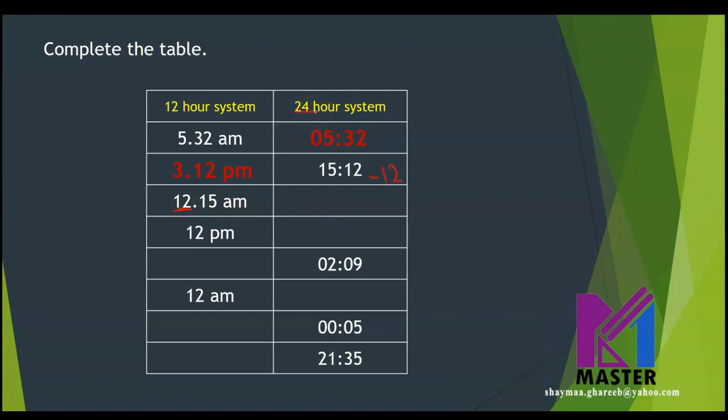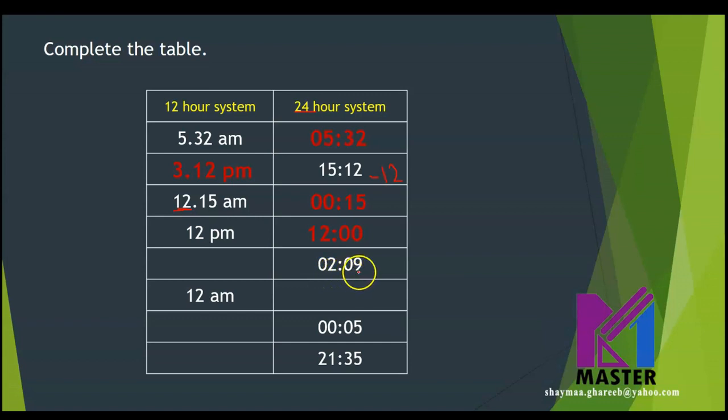I write it as 00 and then I put the 15 minutes. And of course, I put the colon. What about 12 p.m.? 12 p.m. is written as 12 in the 24-hour system using the colon and 00 for the minutes.